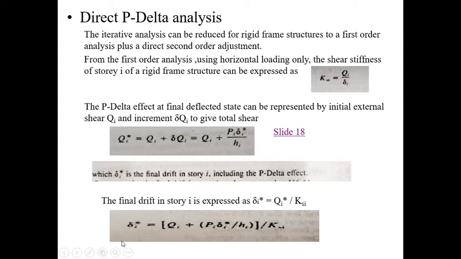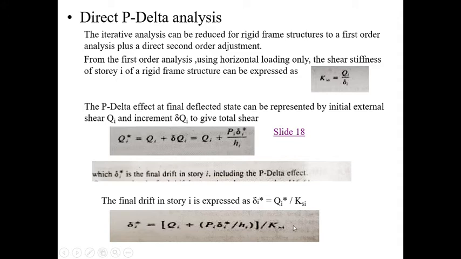So the equation obtained is delta i star, which is the final drift in the story i, will be equal to Qi plus Pi delta i star upon Hi, divided by Ksi. That is, I am substituting this Qi value here, upon Ksi. Later, this Ksi which is there, I will substitute back as Qi upon delta i.